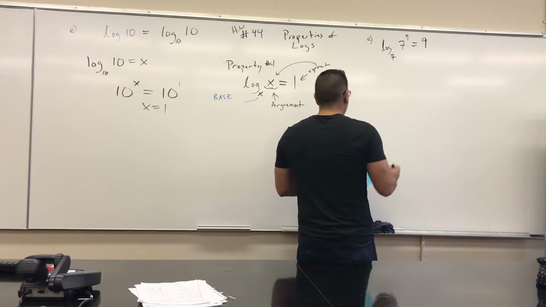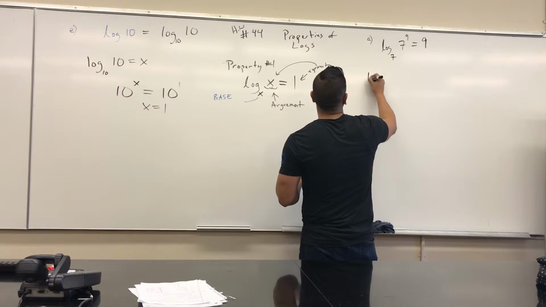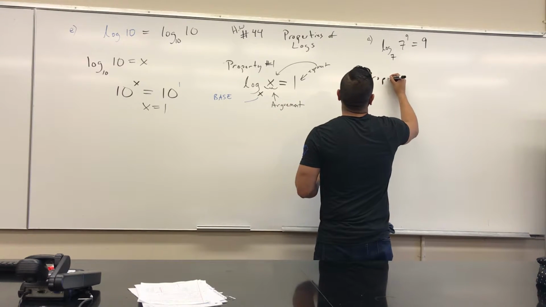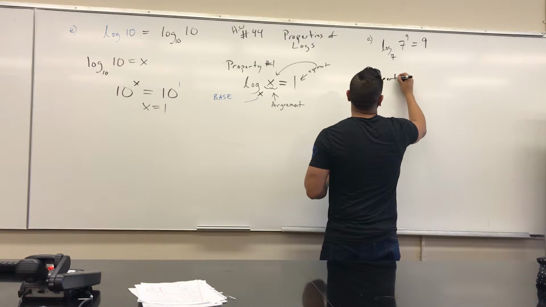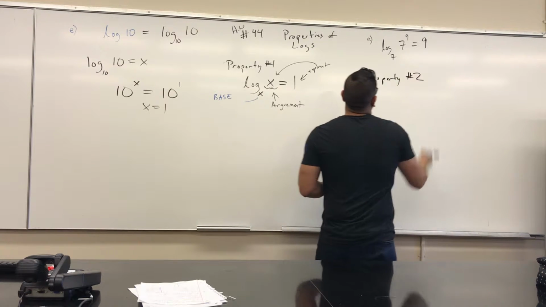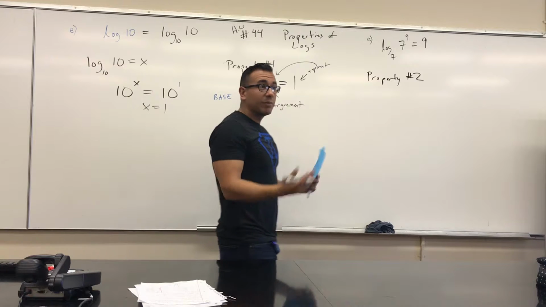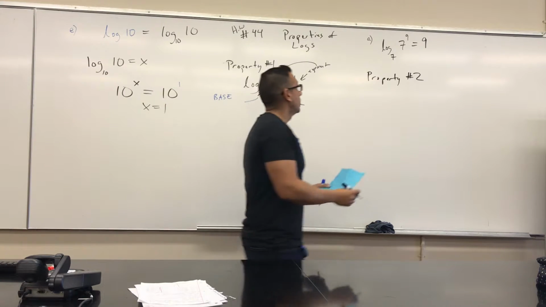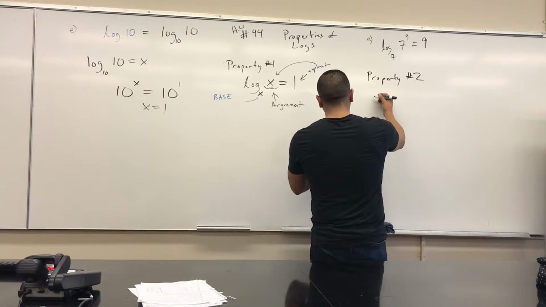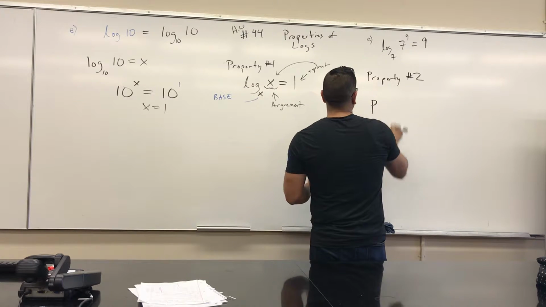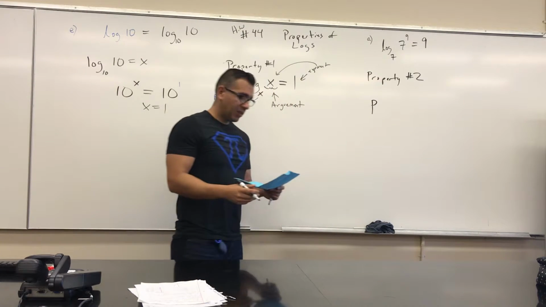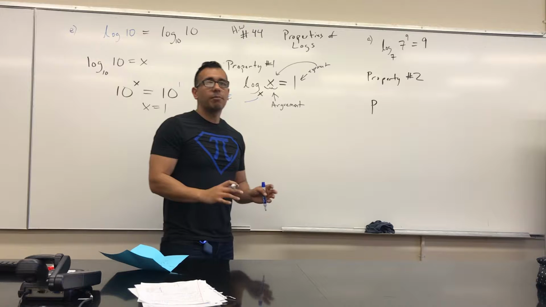Next, let's reverse this a little. Property number 2. I'm going to change the order. Again, we'll give them names a little bit later. So let's say P is our base, and this one's going to look funny, so make sure you copy this property.